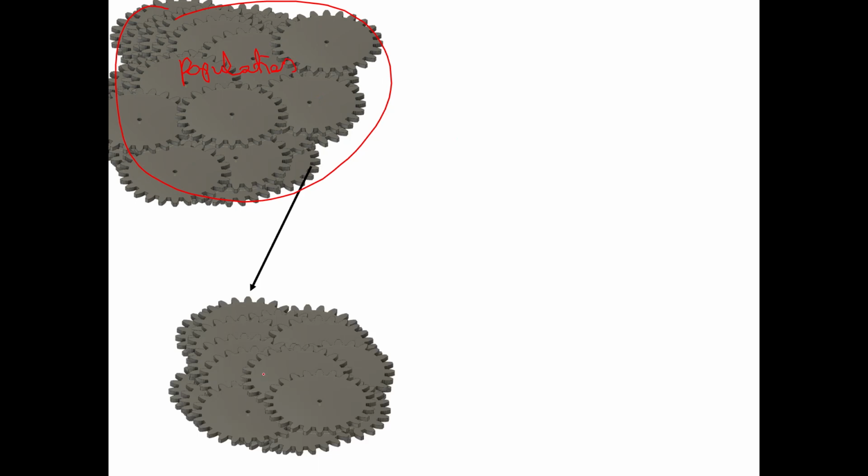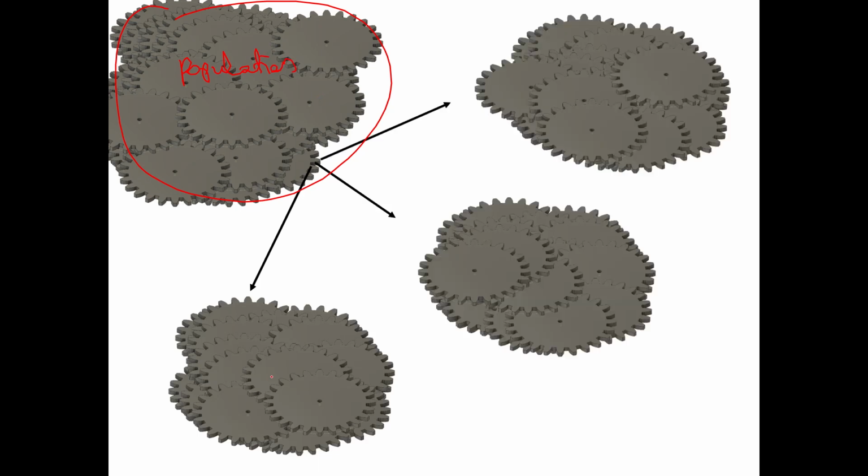Or you can have a manufacturing process. You have the whole population. From this population, you choose one sample, and you choose another one, and another one. Say this is the diameter of the gear. You are inspecting whether they are all in the same diameter range.